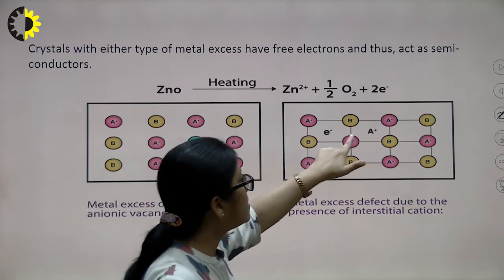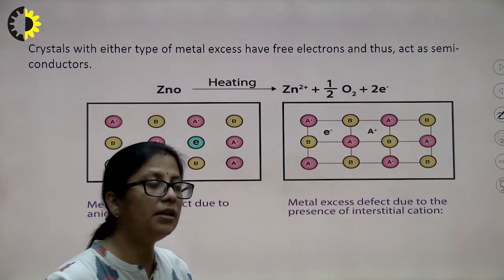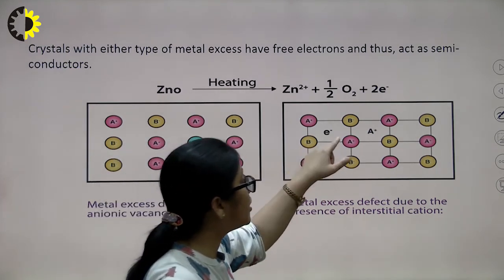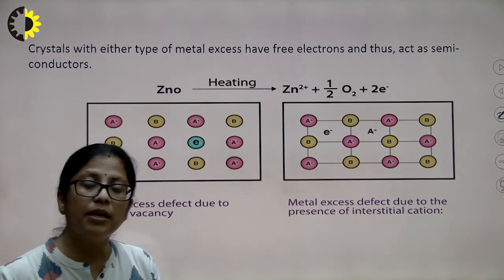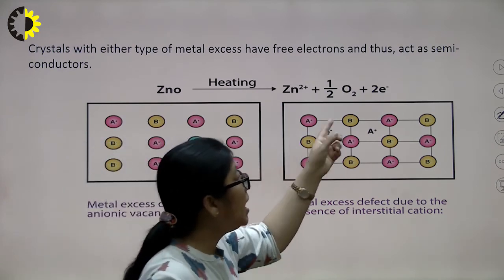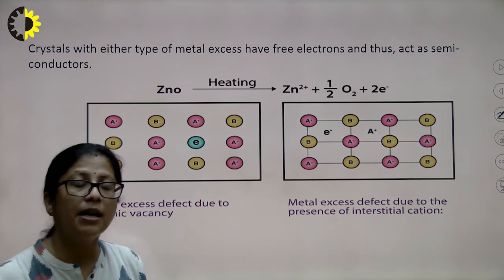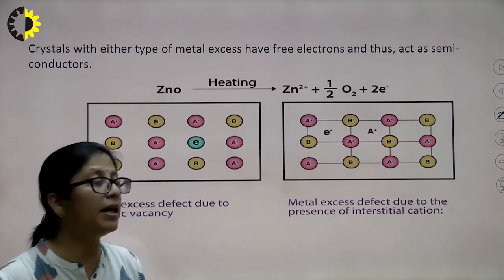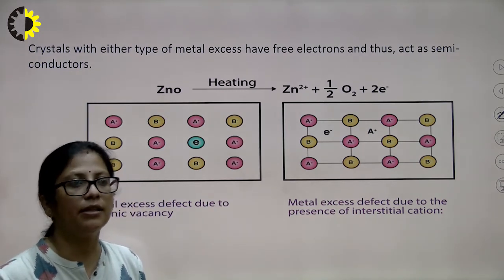Since zinc ions and electrons are present in the interstitial position, in the same interstices, and for the accommodation of these electrons the oxygen gets eliminated from the system, therefore it appears yellow. And here again you can see the number of cations is not equal to the number of anions, the cations are more in number, therefore it is a metal excess defect due to the presence of interstitial cation.